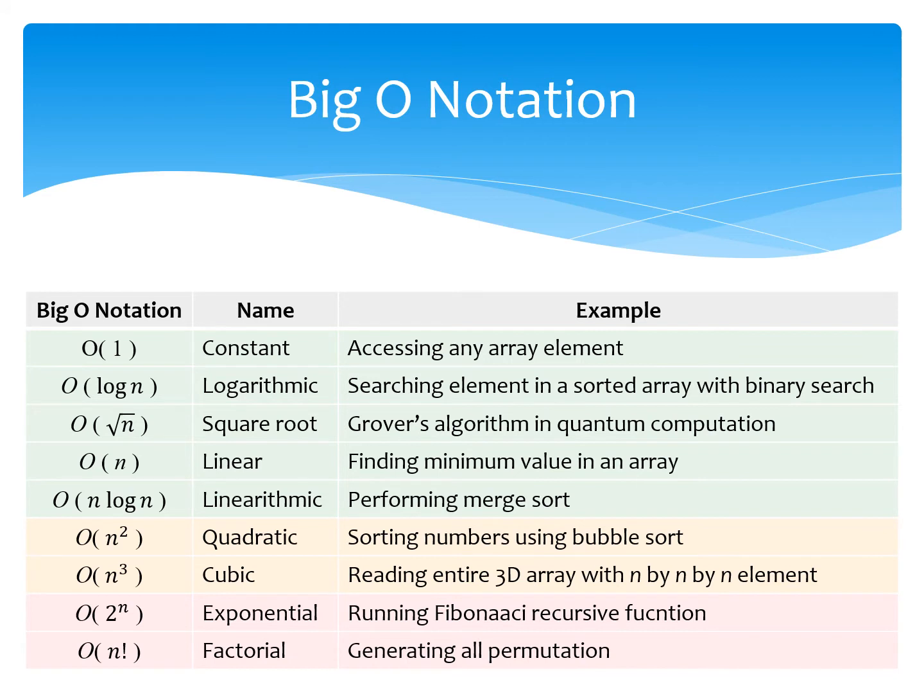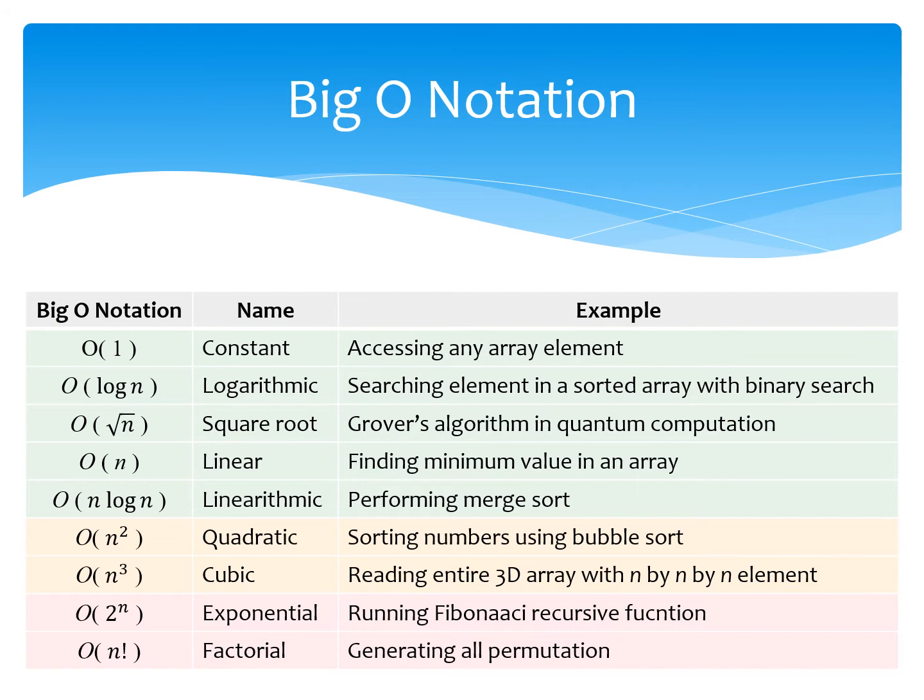As you can see on the screen, Big O of 1 is constant time. For example, accessing an array element is considered Big O of 1. Also, accessing any value in memory is Big O of 1. So you may consider Big O of 1 as the unit time.